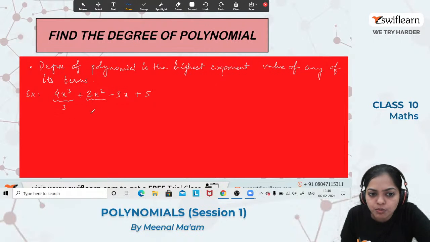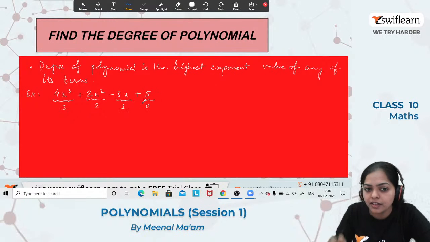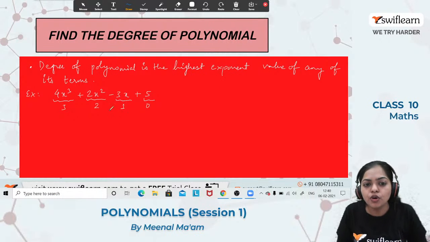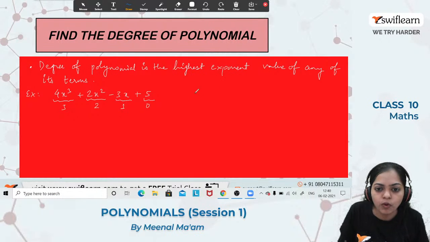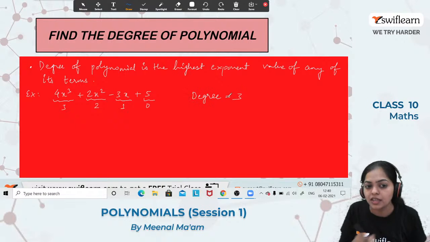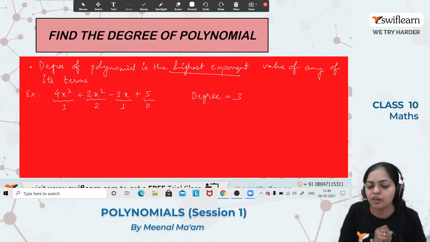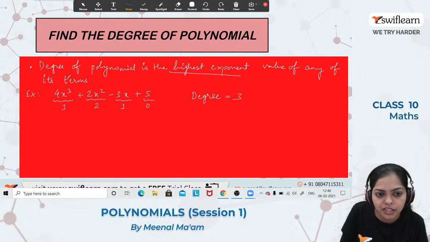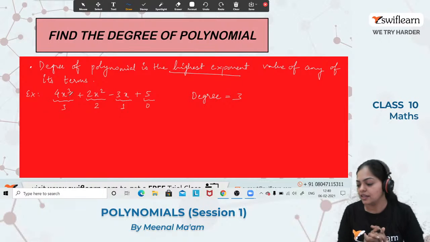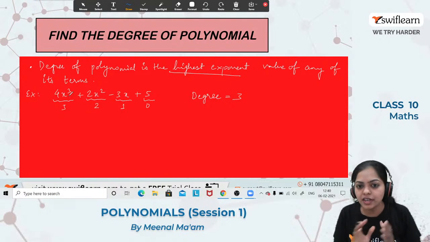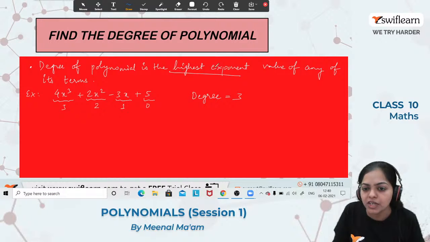Here it is 2. Now here it is 1 and here it is 0, because here the variable is not present. So what is the degree? Degree is 3, because the degree of a polynomial is the highest exponent value of any of its terms. Here the highest exponent value is 3. Got it, everyone? So the degree of a polynomial is the highest exponent value of its terms.